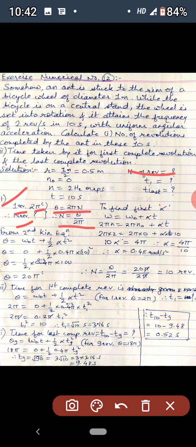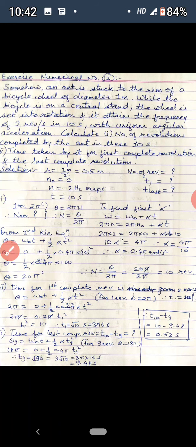From this relation we can find the number of revolutions, but we have to know the value of theta. So to find theta, we have to first find the value of alpha, and then we get the value of theta.